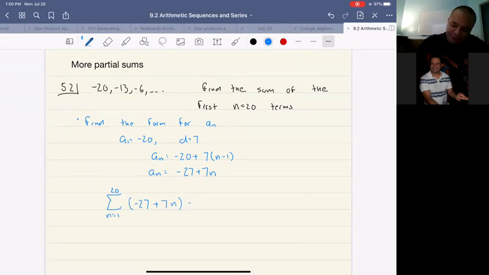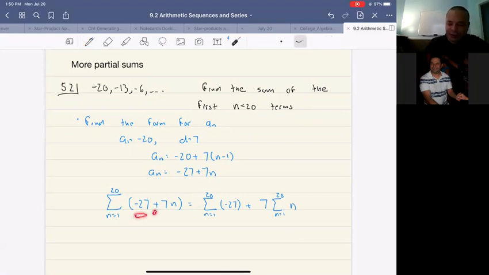Okay, so that's going to be the sum, n goes from 1 to 20, of negative 27 plus 7 times the sum, n goes from 1 to 20, of n. Okay, so the sums, you can break them apart that way. This one plus this one. You can't do it with multiplication, but you can do it with addition and subtraction. Okay, and also this 7 can be pulled out.